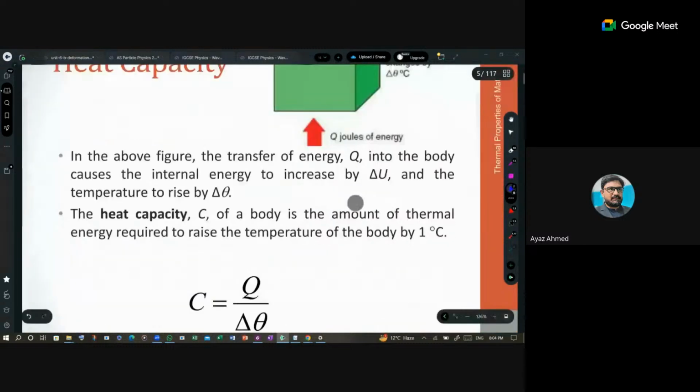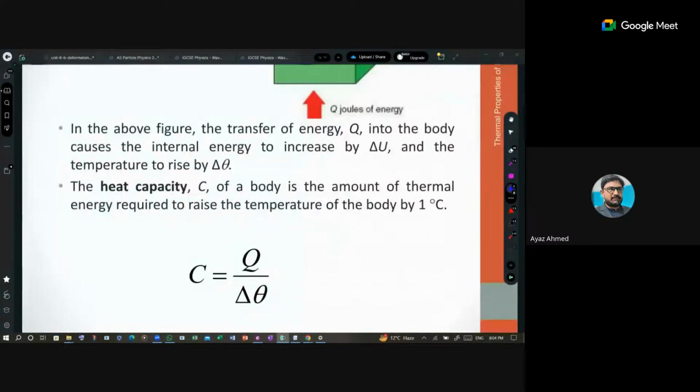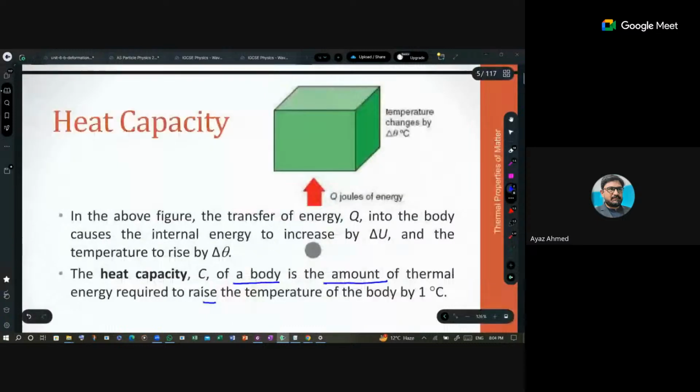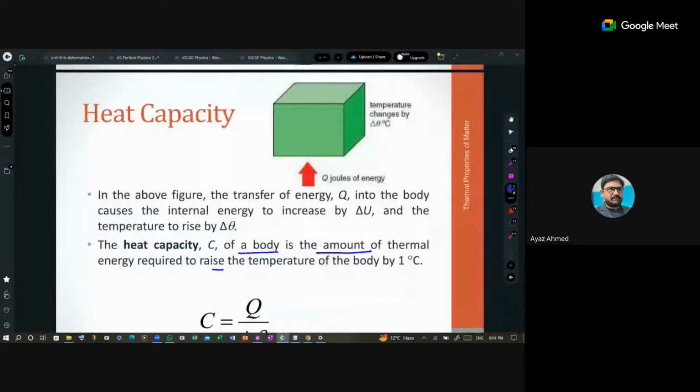Heat capacity is the amount of heat required to raise the temperature of a body. This topic is heat capacity, right? You can note it down, or I will send you these notes, no need to write it down as it is. This is the definition, it can be asked of you. Heat capacity is the amount of thermal energy required to raise the temperature of a body by 1 degree centigrade.